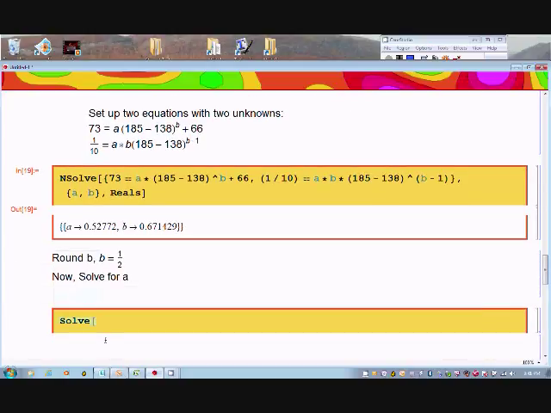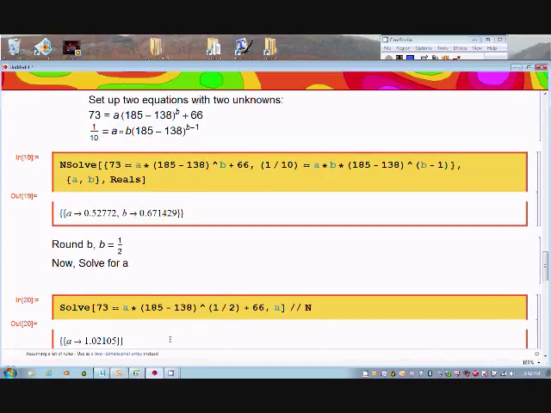And then we can just use our first equation where 73 equals a times 185 minus 138, raised to the 1/2, plus 66, and we're going to solve for a, and we want a number, make sure it gives us a number, and we get a equals 1.021.